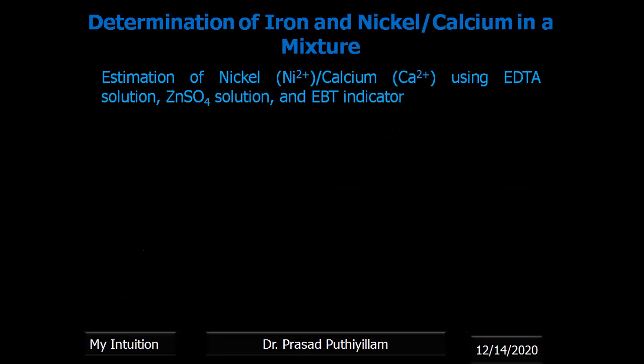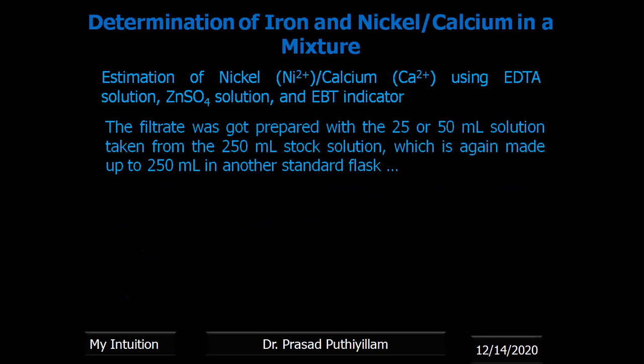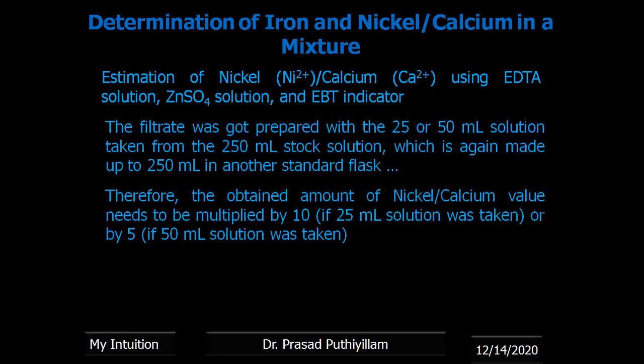Here a combined explanation is given. The filtrate was prepared from a 25 ml or 50 ml solution taken from the 250 ml stock solution. The obtained filtrate is further diluted to 250 ml in a standard flask, made up to the mark with distilled water, then mixed well for uniform concentration.